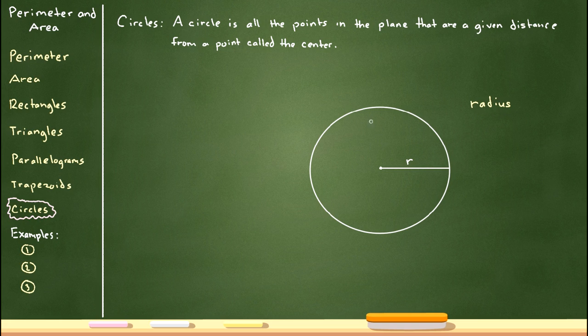So with the circle, we want to find the perimeter, which is called the circumference in this case, and then we also want to find the area of the circle. So let's talk about the circumference.